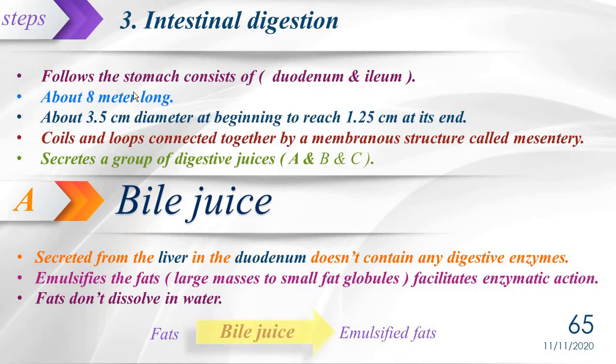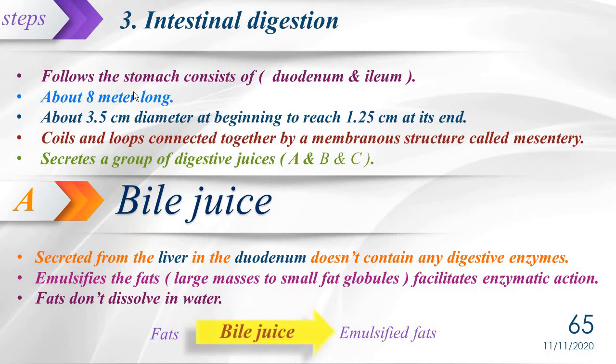Because it's convoluted, twisted many times, to digest and absorb large amounts of food. So it has 8 meters for a function: more digestion and more absorption to happen inside it.